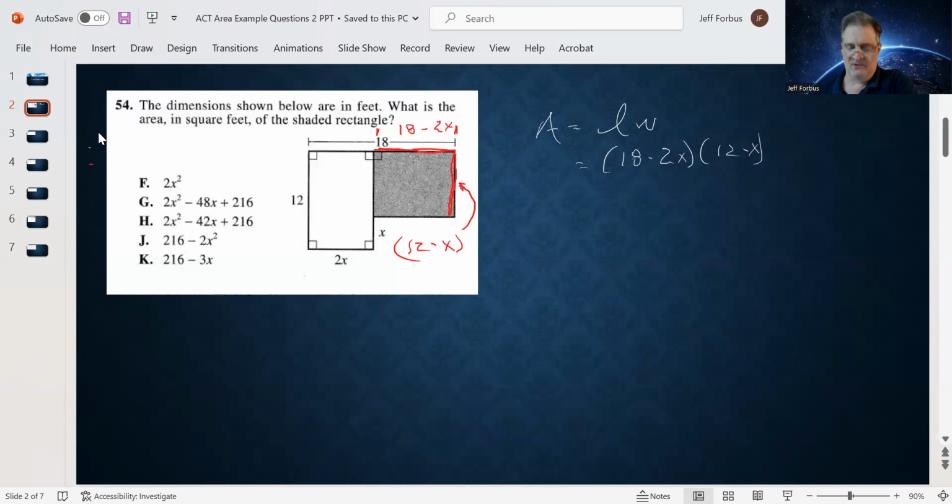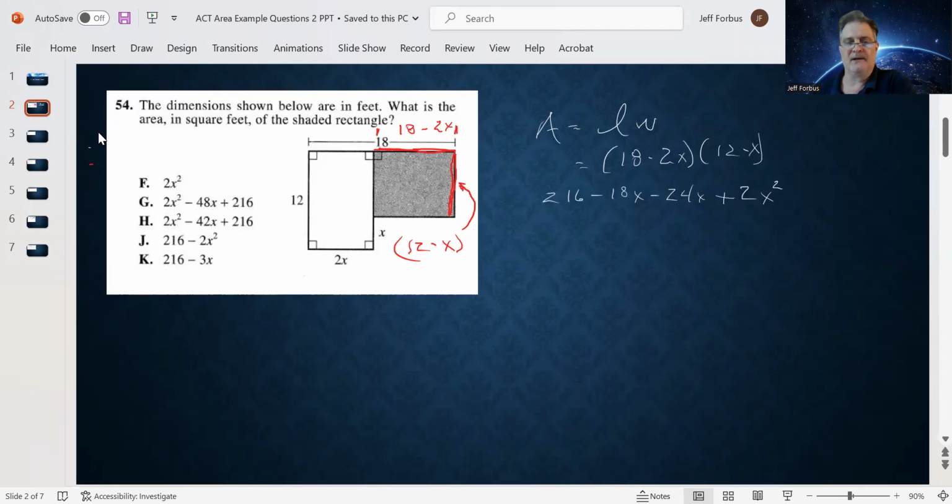So 18 times 12 is 216. And then 18 times x is going to be a negative 18x. And then negative 2x times 12 is going to be a negative 24x. And then negative 2x times negative x is going to be a plus 2x squared.